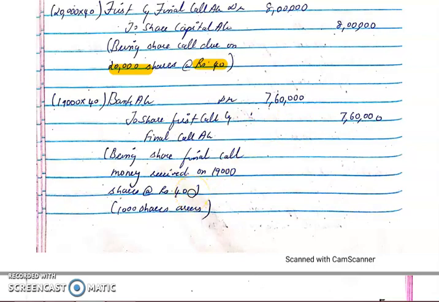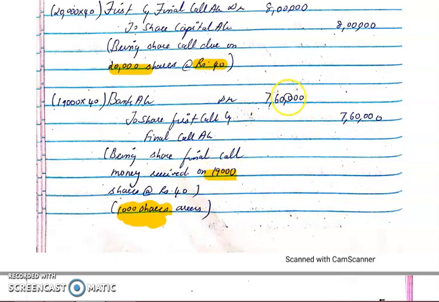So here we have already seen in the question that there are 1,000 shares where the person has made a default. So the amount receivable, you need to subtract from 20,000. So 20,000 minus 1,000, you will be getting 19,000. So only for this number of shares, 19,000 shares, you will be receiving the call money.